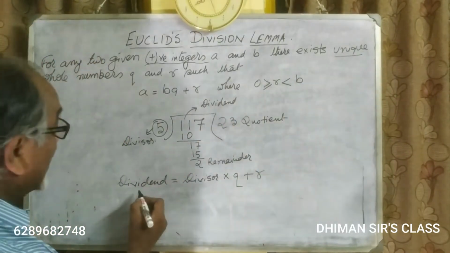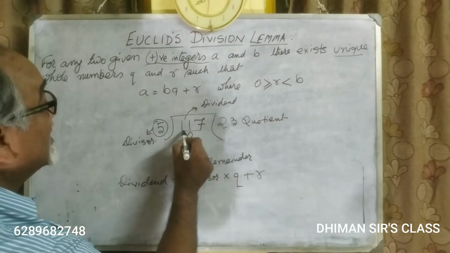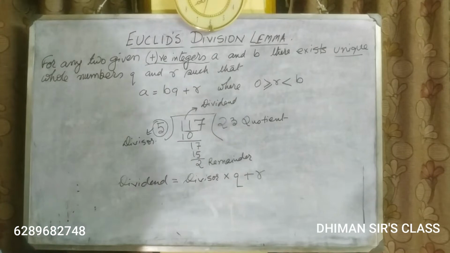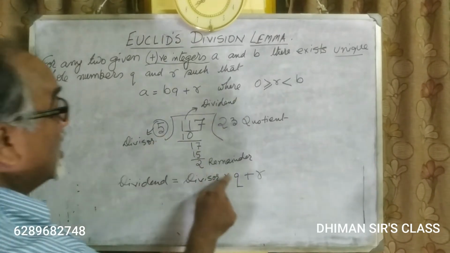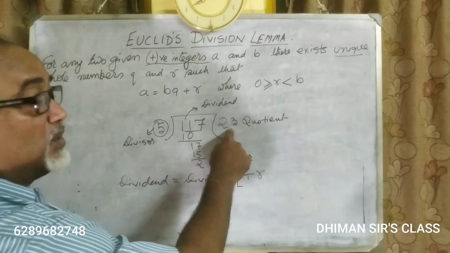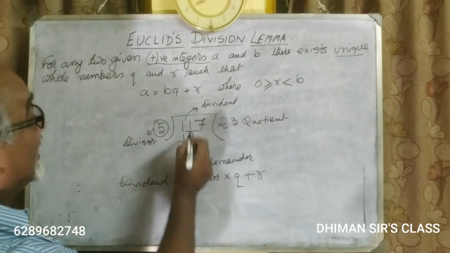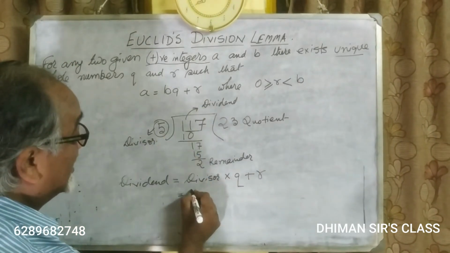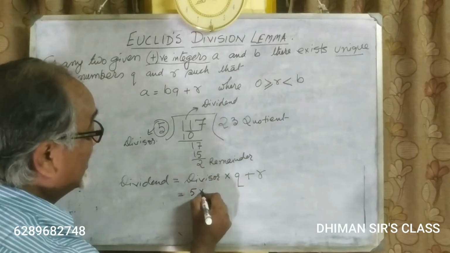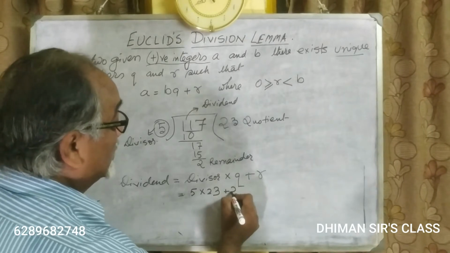Now in place of dividend, see, dividend, divisor, this is divisor, quotient, remainder 2. See, divisor is how much? 5. Quotient 23. Remainder 2.